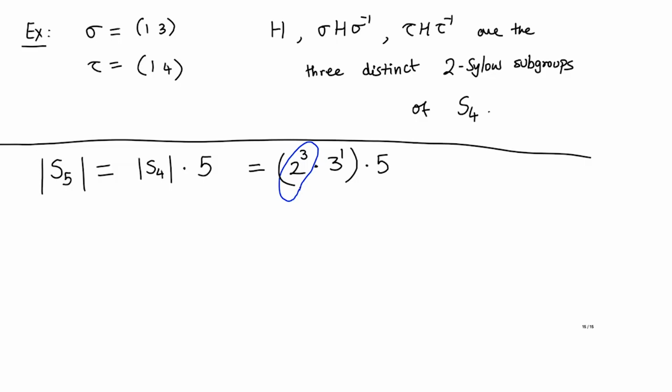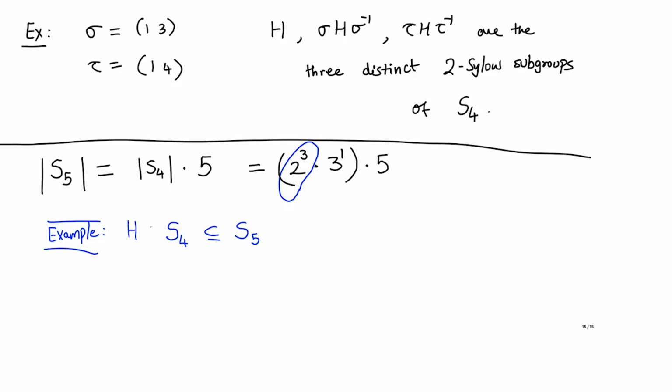Let me find one of them for you and leave the problem of finding all of them for you to work out. So here is an example. How does one find a subgroup? I need to find a subgroup of cardinality 8. Observe that in some sense we have already solved the problem. S4 is actually a subgroup of S5. Because S4 is a subgroup of S5, any subgroup of S4 is automatically a subgroup of S5.